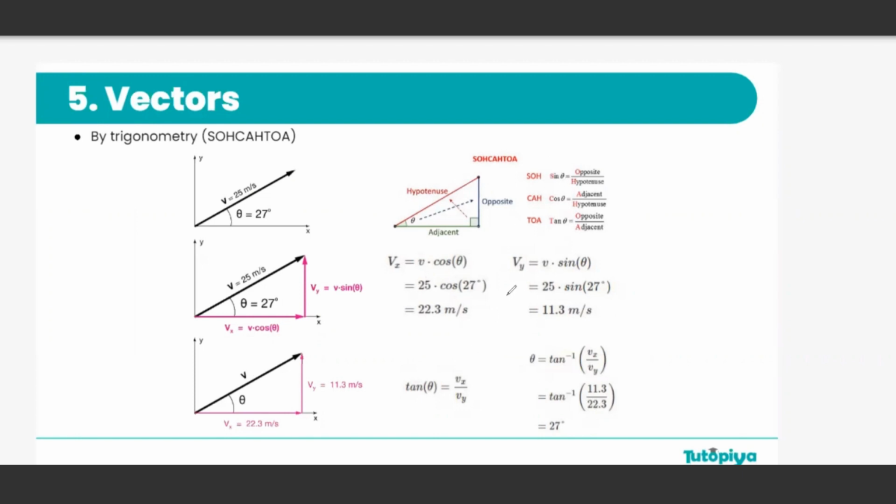So, in trigonometry, you will learn these relationships when there is a right angle triangle. So, we'll consider this right angle triangle where we need to find theta. When we define theta, the side opposite to theta is called the opposite side.